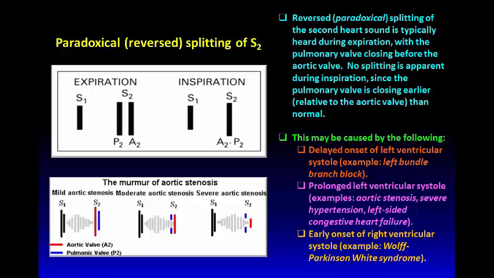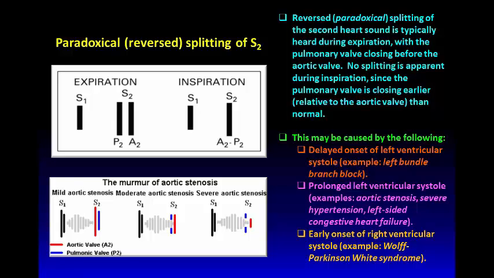This is a syndrome where there is an accessory pathway between the right atrium and the right ventricle called the bundle of Kent, and it is through this bundle of Kent that the cardiac impulses pass directly from the right atrium to the right ventricle, bypassing the atrioventricular node, hence resulting in early onset of right ventricular depolarization and early onset of right ventricular systole.